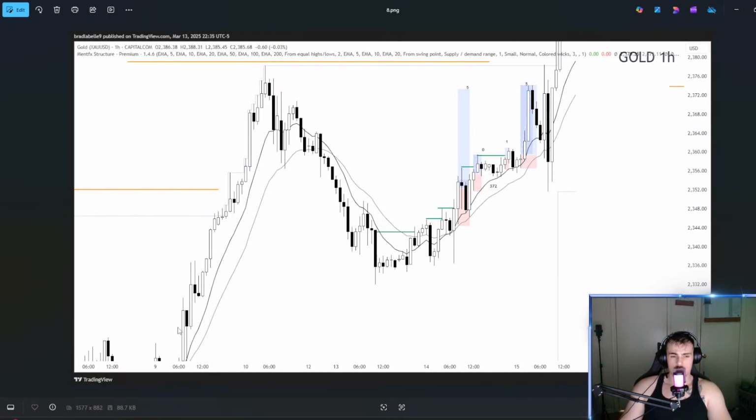These ones here, price makes bullish structure up, fails the moving averages, makes that consolidation range we just spoke about, and then pushes up and retraces back to the moving averages before taking off.